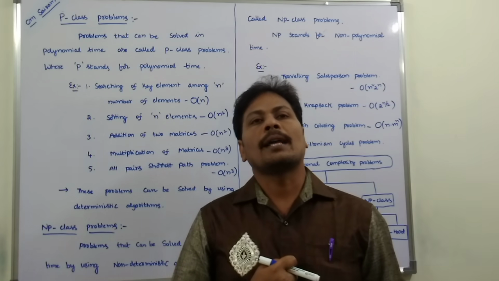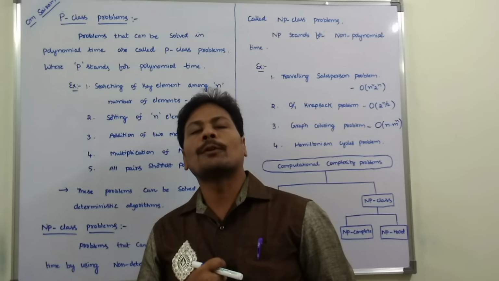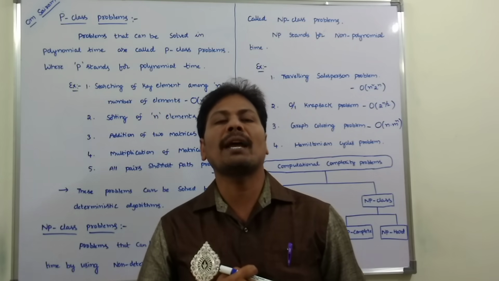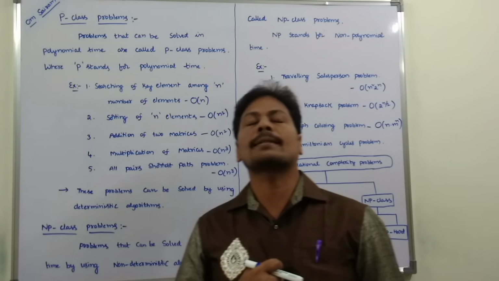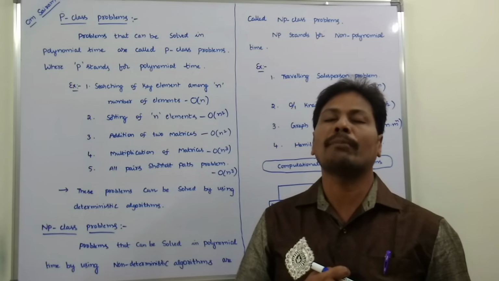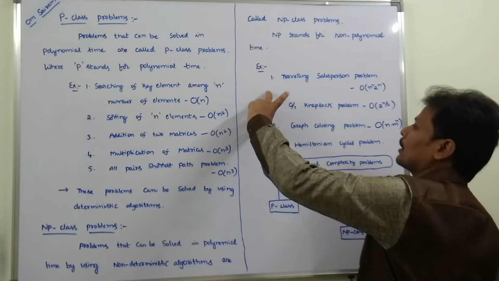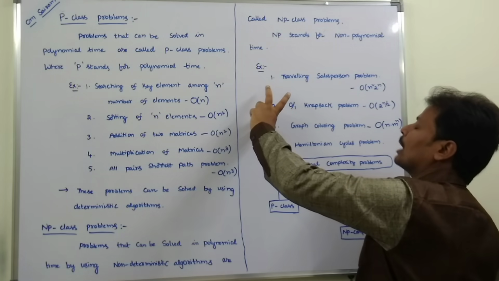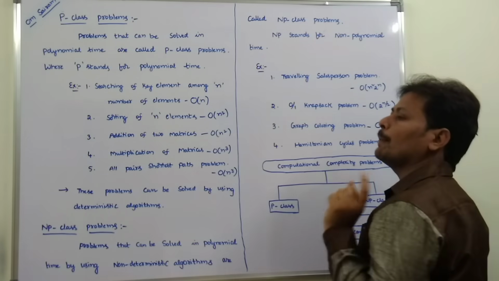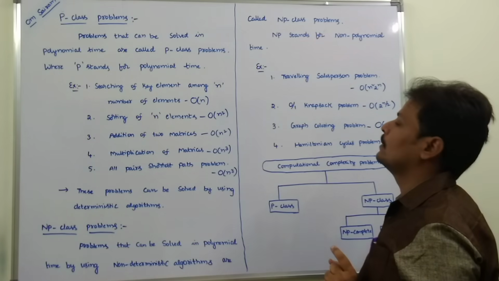Third one is the Hamiltonian cycles problem. Fourth one is the 0/1 knapsack problem, whose time complexity is big O of 2 power n by 2. So these are the problems that come under NP class problems. NP stands for non-polynomial time.